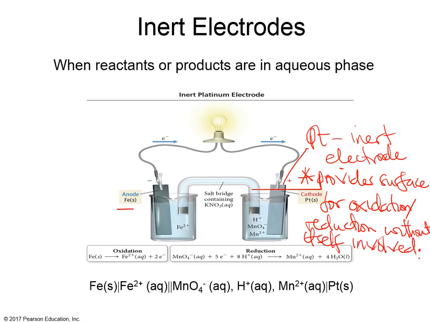So you say, because we are not forming a solid this side, we cannot have a liquid electrode. What do we do? Let us use an inert electrode. In this case, we use platinum as our inert electrode.